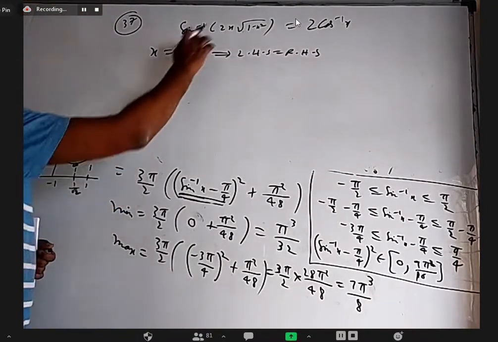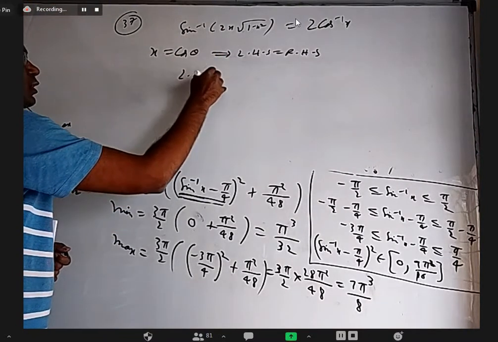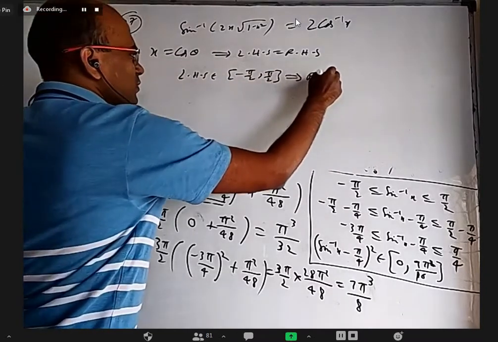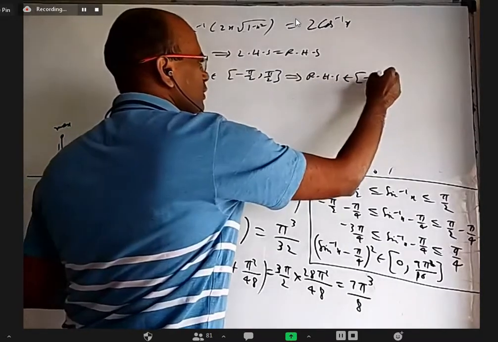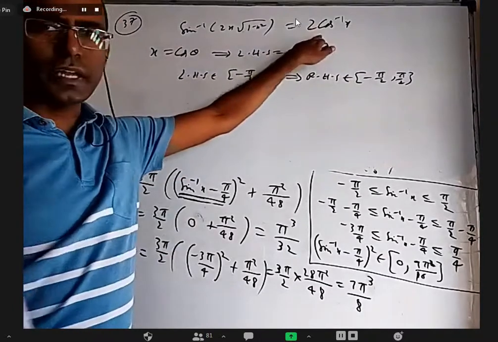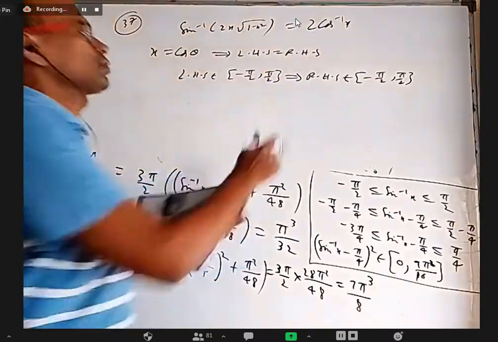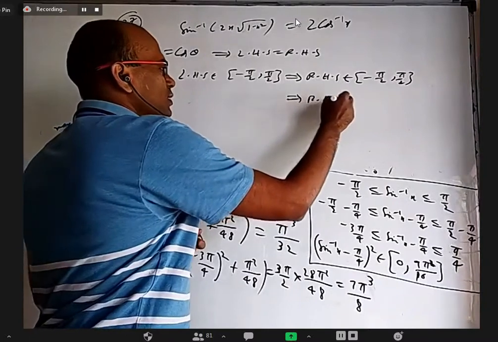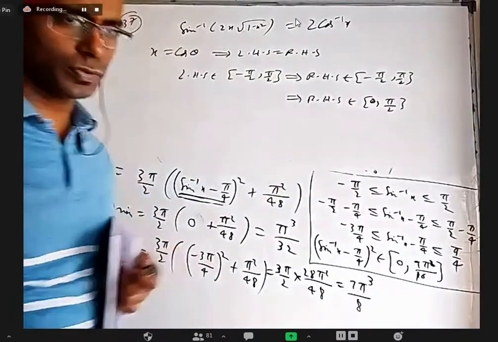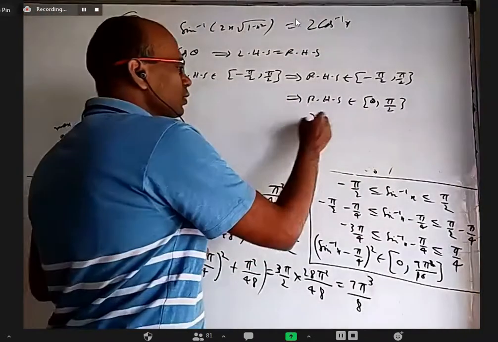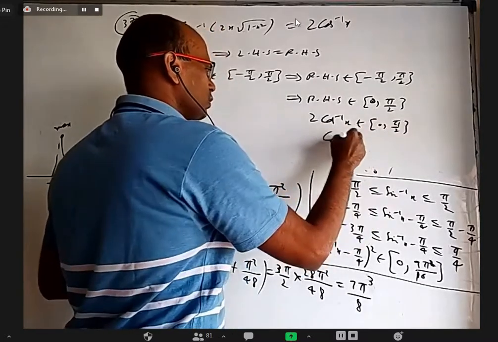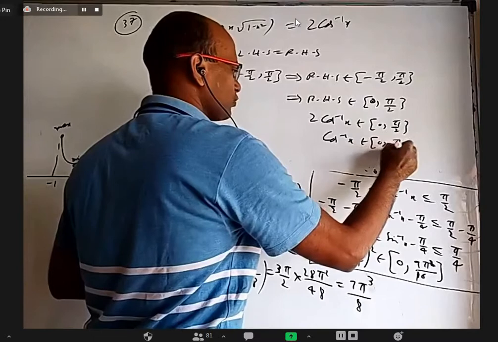So here, first of all, LHS belongs to the interval minus pi by 2 to pi by 2, which implies even RHS should belong to the closed interval minus pi by 2 to pi by 2. But cos inverse cannot cover negative values, so it will only be between 0 to pi by 2. This implies RHS should belong to 0 to pi by 2 because RHS cannot accept negative values. Okay, so 2 cos inverse x belongs to 0 to pi by 2 means cos inverse x belongs to 0 to pi by 4.